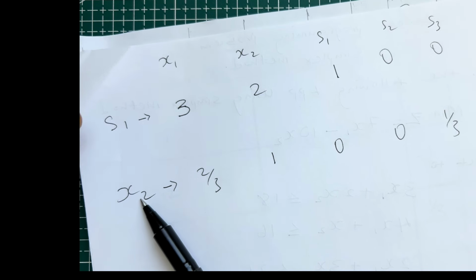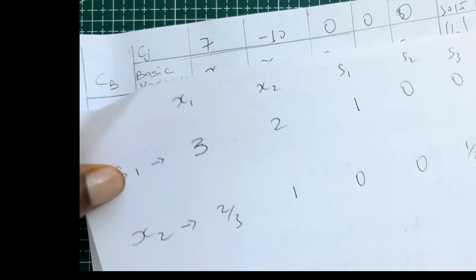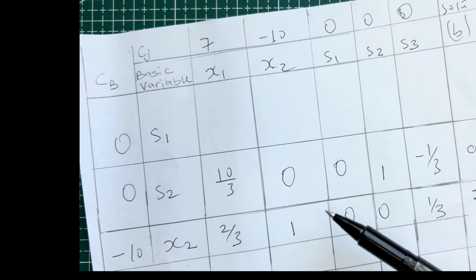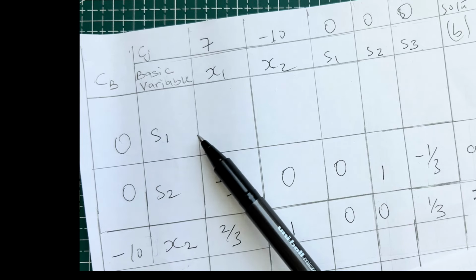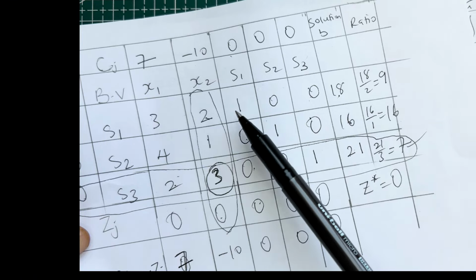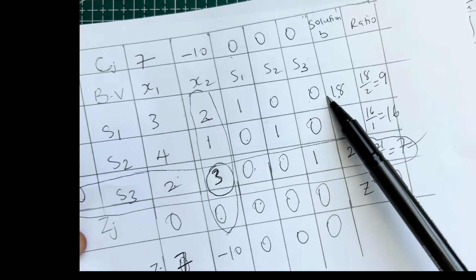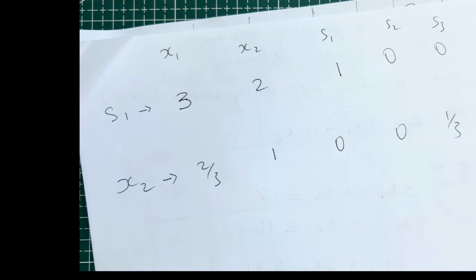We have x2 here to be 2 over 3, 1, 0, 0, 1 over 3, 7. For x1, our former table for x1, we have 3, 2, 1, 0, 0, 18.